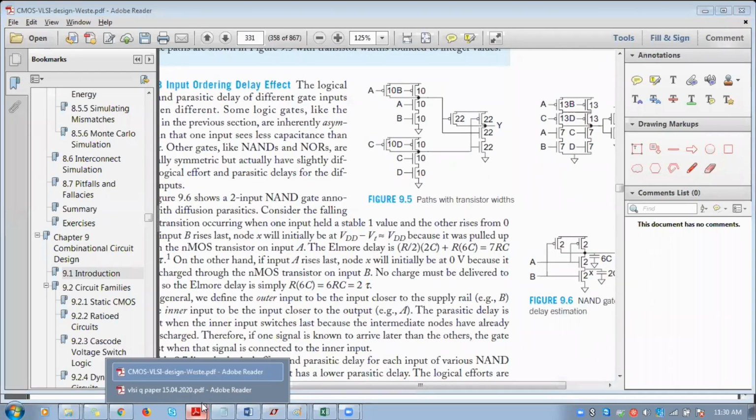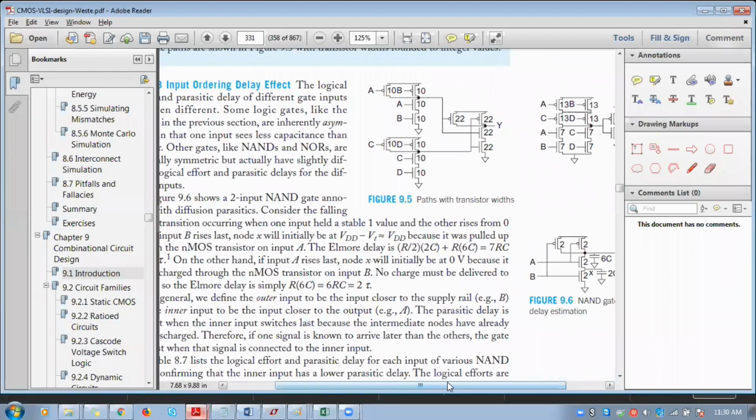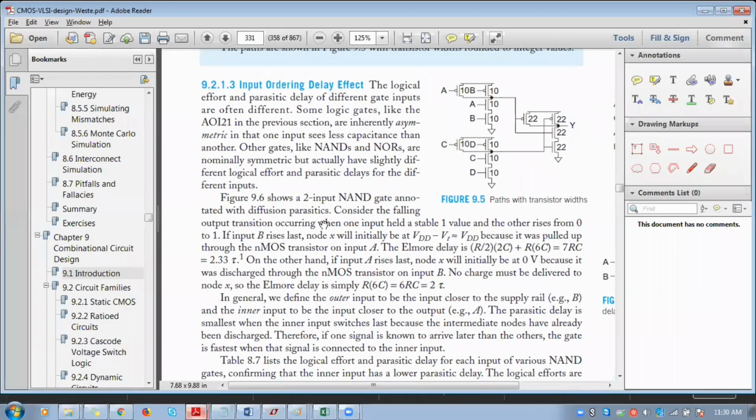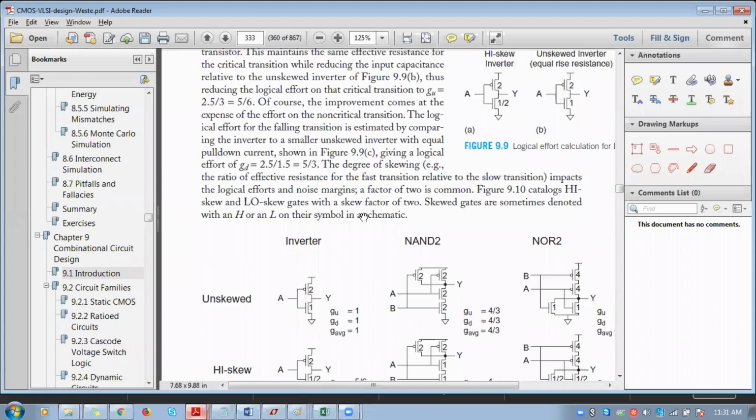Yesterday you saw another question that you need to calculate the parasitic delay of pseudo NAND 2, right? For pseudo NAND 2 you also have to calculate the logical effort. I will explain those concepts while discussing pseudo. So directly we can get into the pseudo.